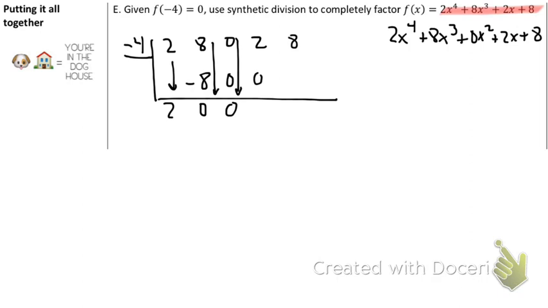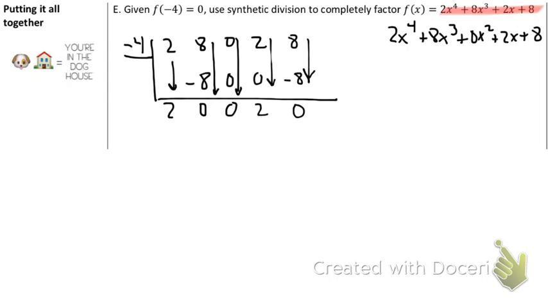Bring this down. -4 times 0. Sorry, mistake. It should be 2. -4 times 2 is -8. Bring this down, and we get 0.